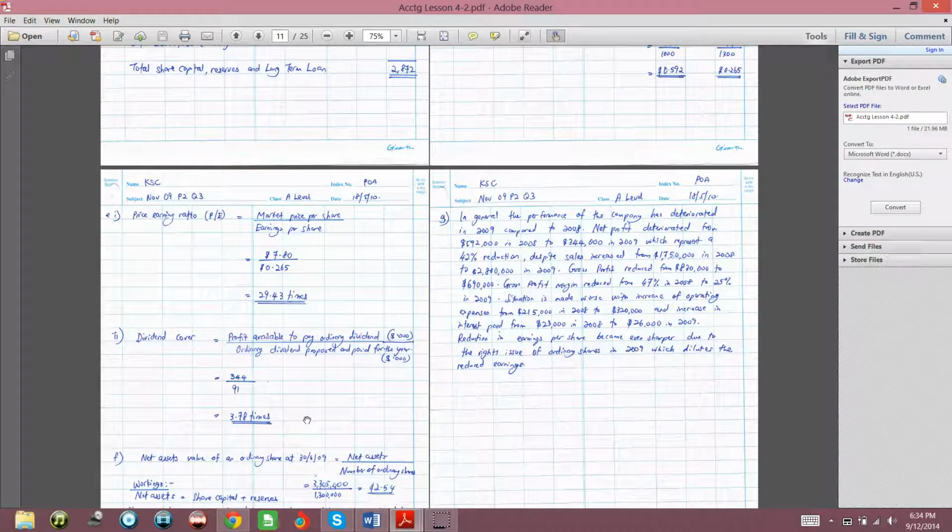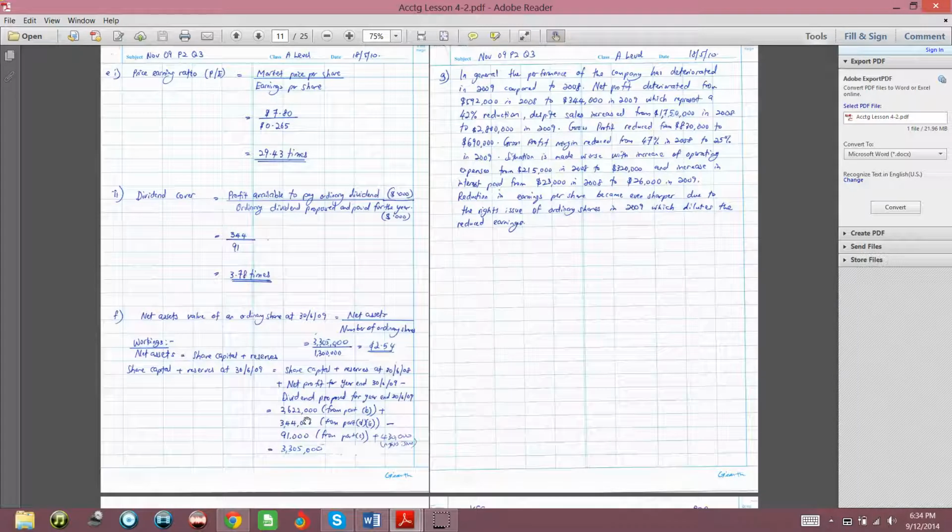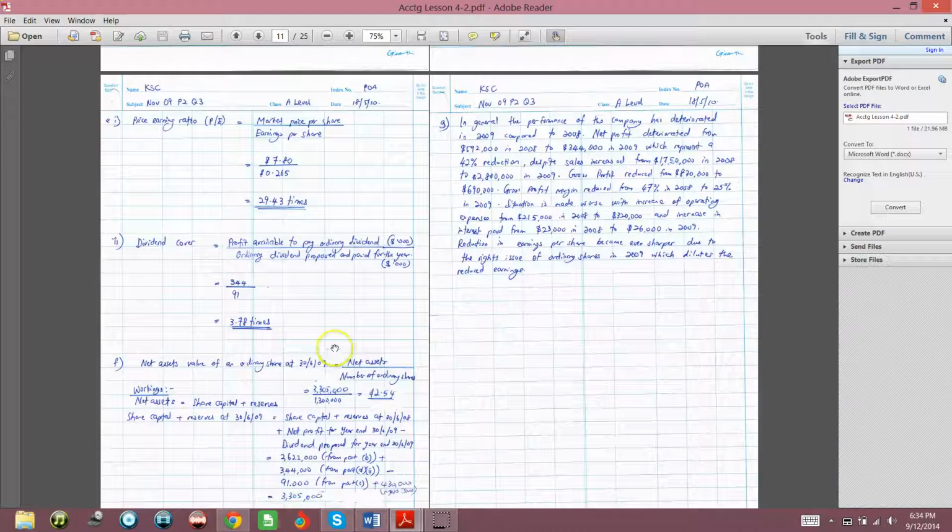Then F, calculate the net asset value. So net asset value of one ordinary share. So net asset value is simply the net asset divided by the number of ordinary shares. So what is the net asset at 30 June 2009?